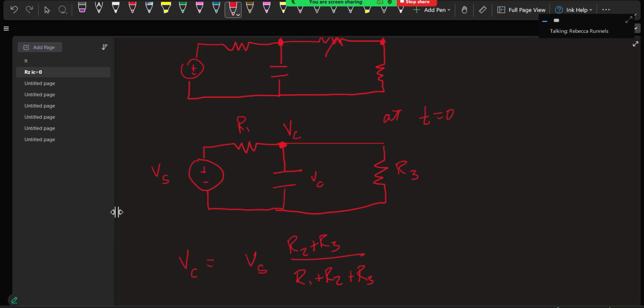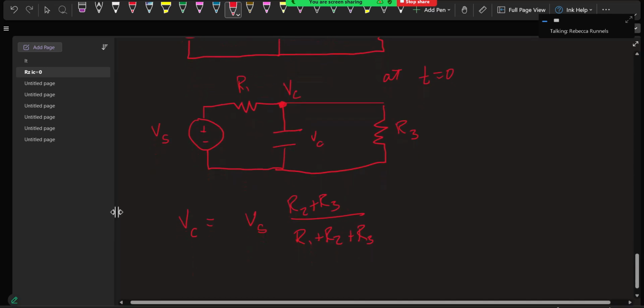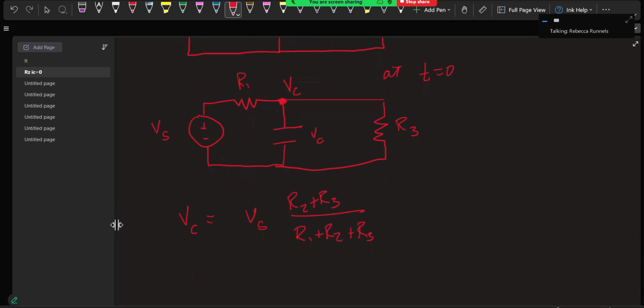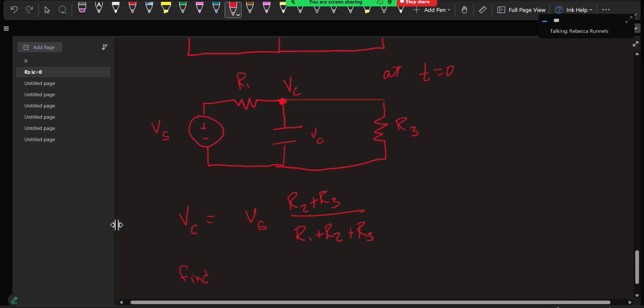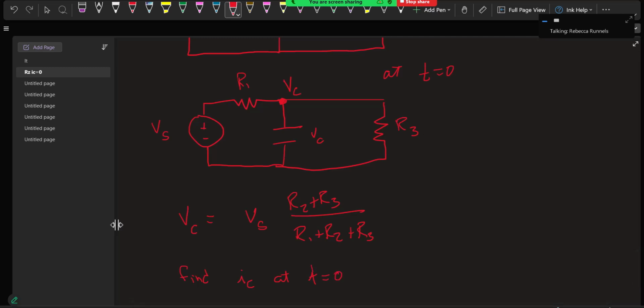Now let's see, what would we do from here? Okay, let's say my question was to find the current through the capacitor. Find IC at t equals 0. Now the current can change instantaneously. Can we find out what the current is right here?